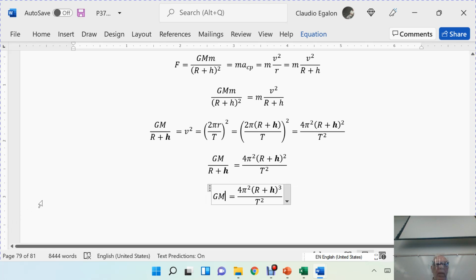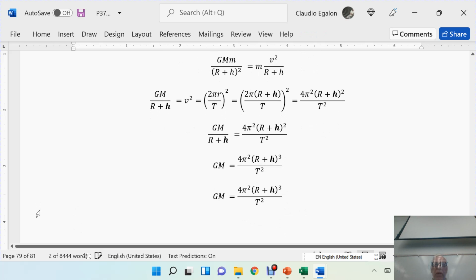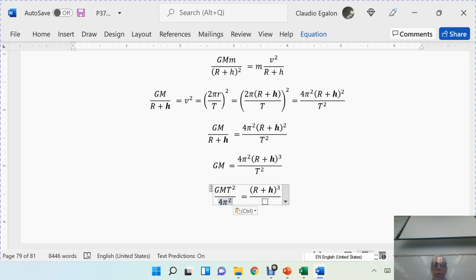Let's continue the derivation. We want to know h, the one that's boldfaced in there. I'm going to pass everything that I already know to the left side. 4 pi squared.